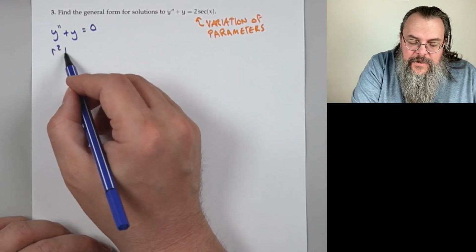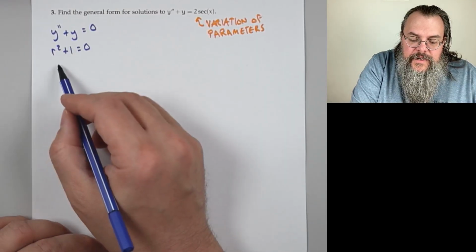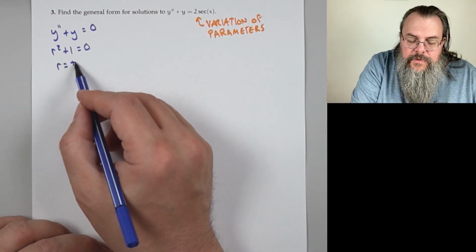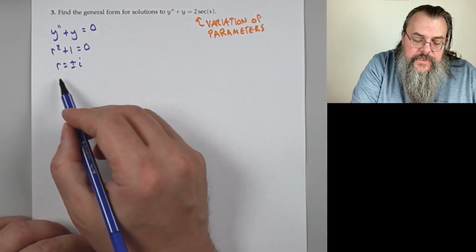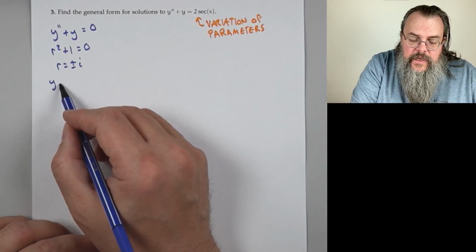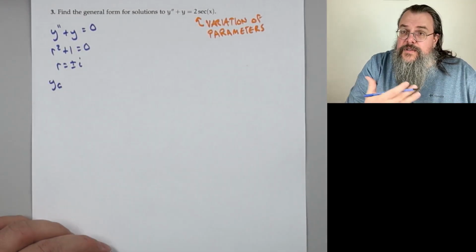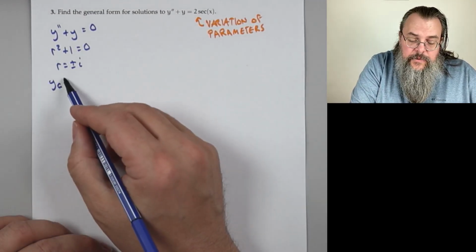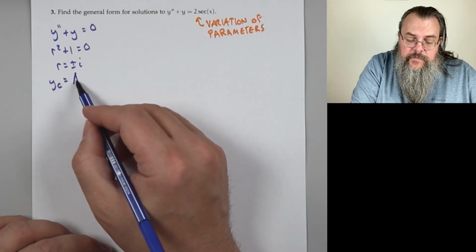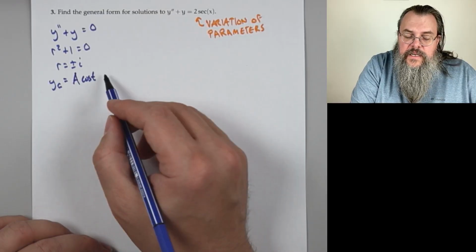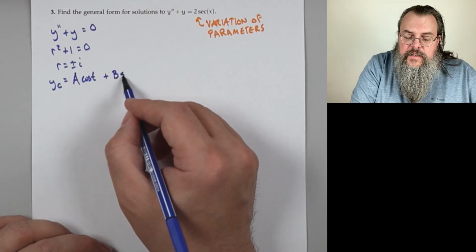That turns into the polynomial r squared plus 1 equals 0. Those turn into roots r equals plus minus i, which in turn gives us, for the homogeneous part, the complementary solution: some constant times cosine and some constant times sine.